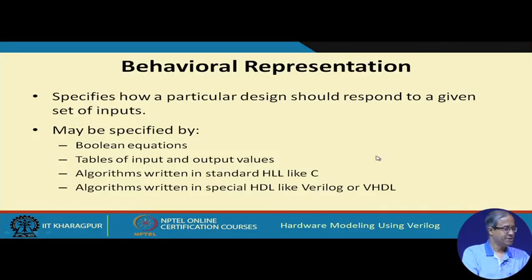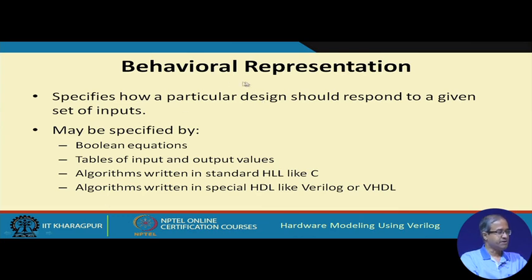Okay. So, let us again come back to the behavior representation. Here we shall be showing you some examples in Verilog. So, just to repeat, in the behavioral representation we specify how a particular design should work. That means, given a set of inputs, what should be its output. Here we are not telling exactly how the design has to be implemented.